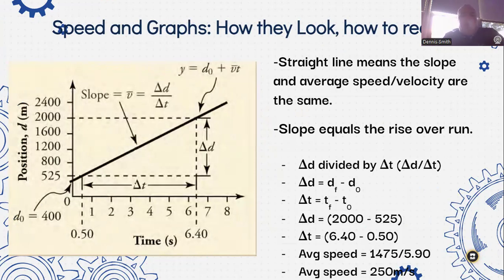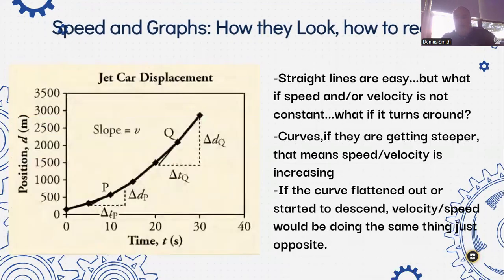So once you do that, you'll be able to figure out, okay, here's what my slope is, and here's what I need to know, okay? All right, so straight lines mean constant. Curved lines mean there is some sort of acceleration that's taking place, okay?